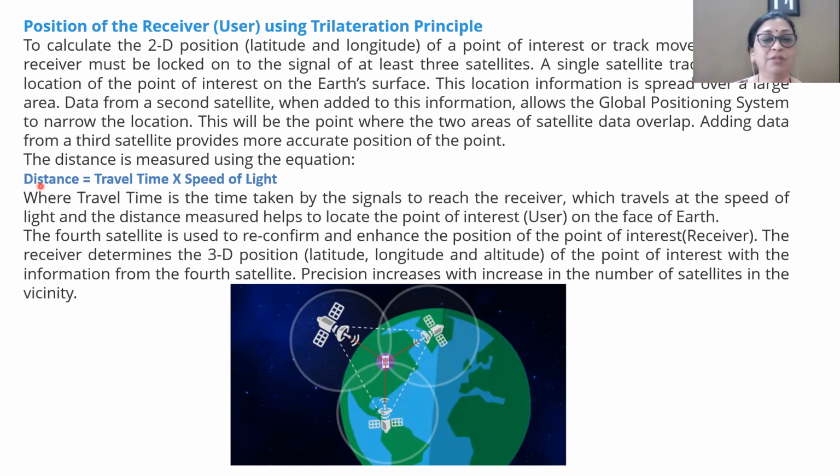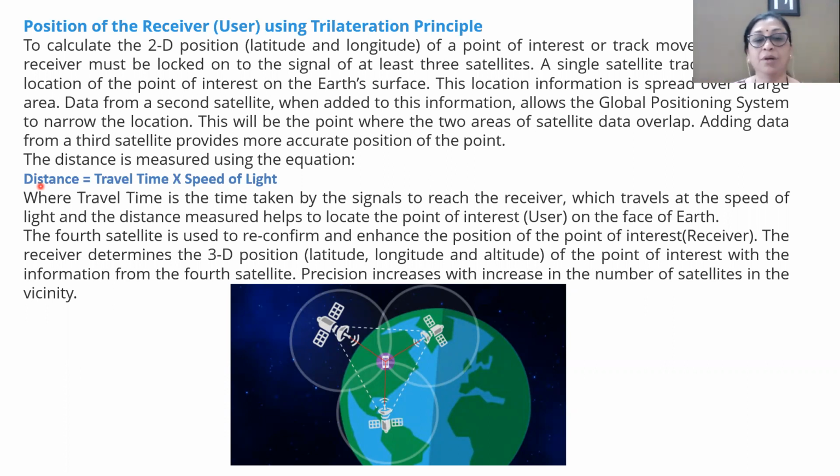So in this way, four satellites are used, and the receiver will determine the three-dimensional position of the point of interest. So what are these three dimensions? Latitude, longitude, and altitude. All these three dimensions are calculated or determined by the GPS system. These are very precise calculations.